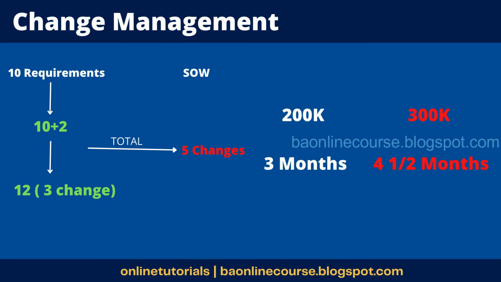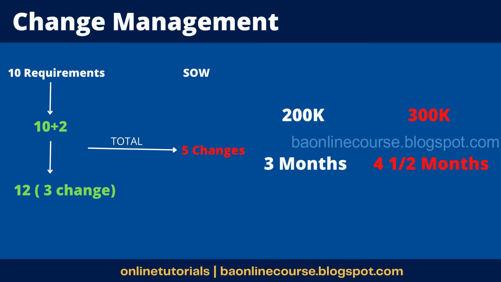Now you have taken these 3 changes also and given it to the team to make those changes. Right? But if you look at this, out of these 12, 5 requirements are taking additional effort. We have not done an estimate for these 2 features, right?